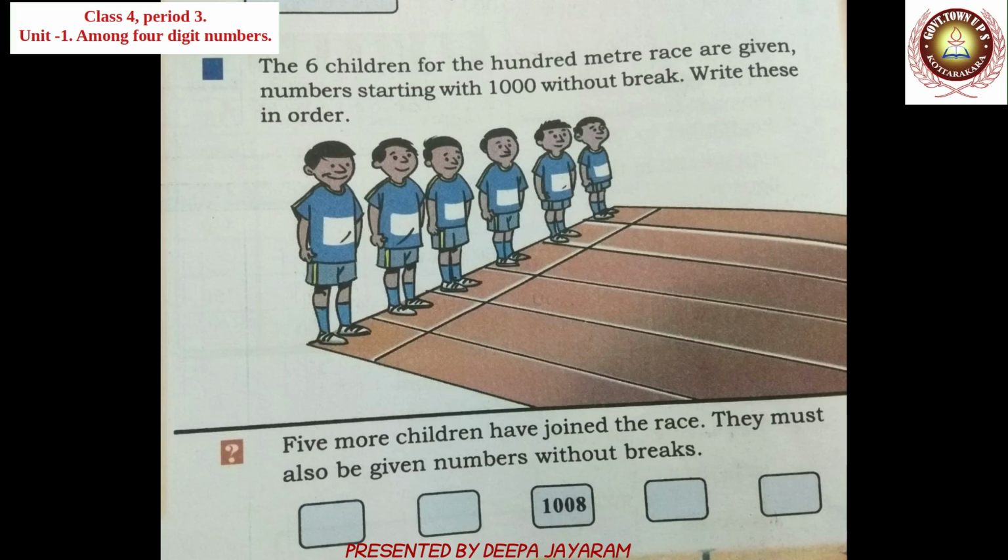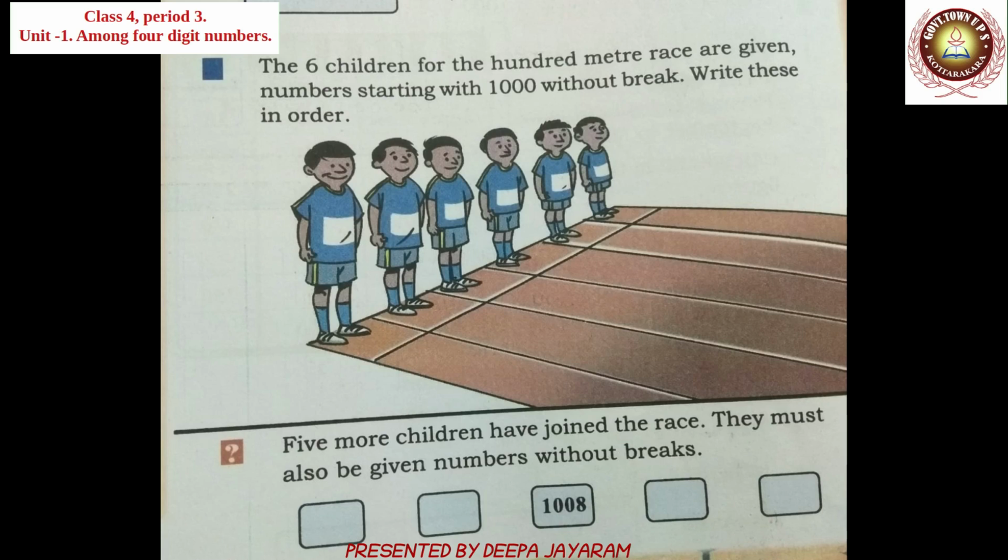Therefore, the six children's numbers are 1000, 1001, 1002, 1003, 1004 and 1005. But this problem shouldn't be written in the notebook. Write the numbers in the textbook. Okay? Remember that point also.